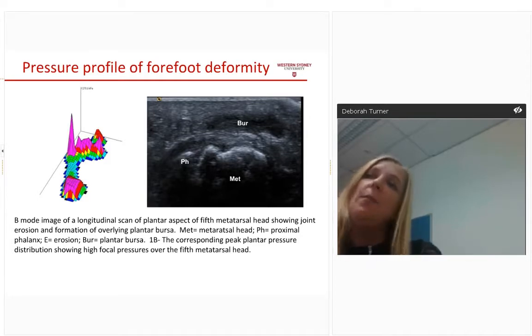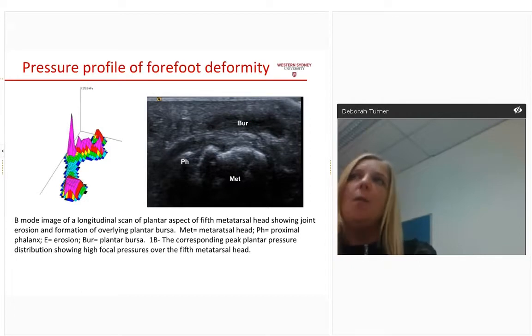When we looked at it on ultrasound, we could see the presence of a joint erosion, which I'm just highlighting here, and also the formation of an adventitious submetatarsal bursa. So ultrasound can really provide great information about what may be going on and what lies beneath, which certainly can influence your management options.